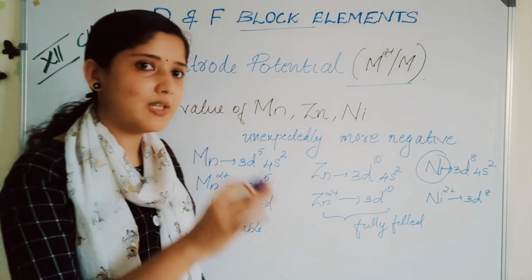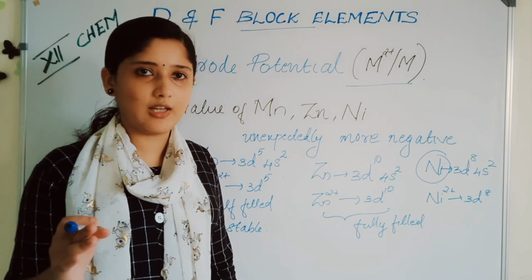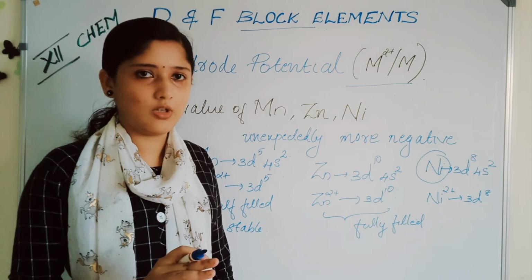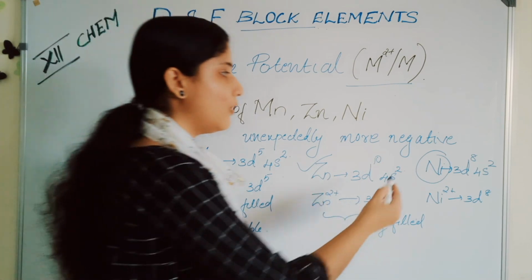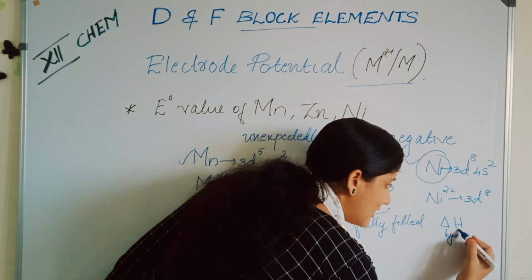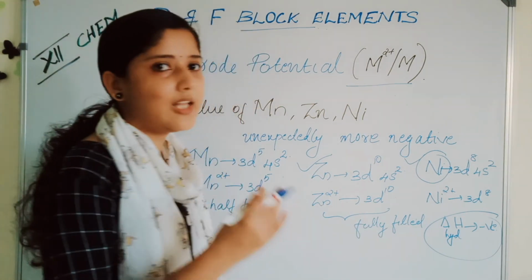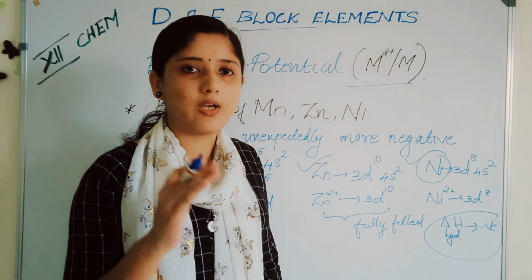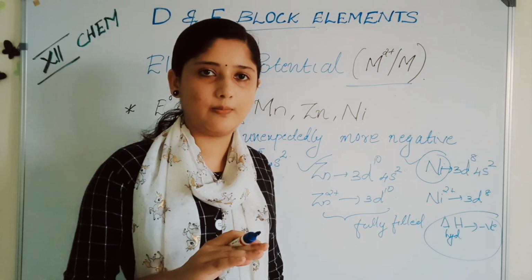So the other enthalpies cannot counterbalance the hydration enthalpy of nickel. Hence it has highly negative electrode potential value. For manganese and zinc it is half filled and highly stable, but for nickel the delta H hydration is highly negative, and the other enthalpies cannot counterbalance the hydration enthalpy of nickel. So it is unexpectedly low. The electrode potential is unexpectedly low in the case of nickel.